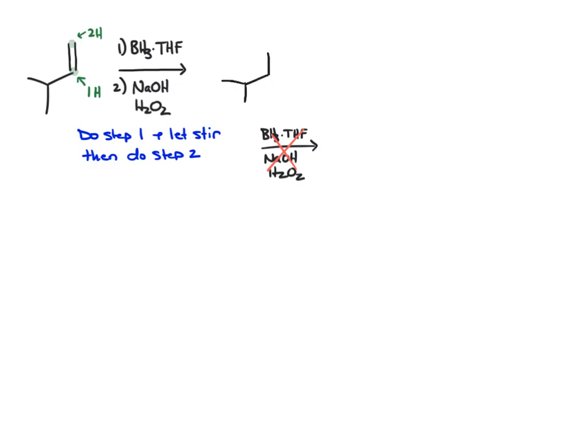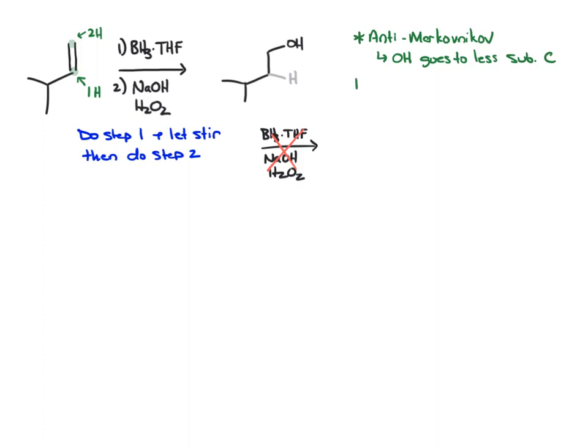So when I draw the product, the OH will go to this carbon. The hydrogen, you don't have to draw it in, but I will for clarity right now. It goes to this carbon. So again, that's anti-Markovnikov. Meaning the OH goes to the less substituted carbon.